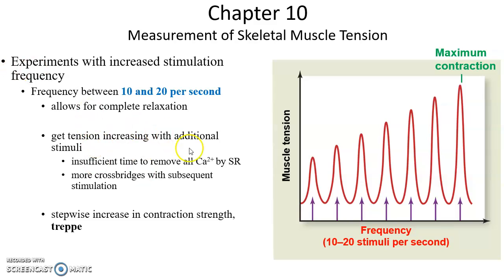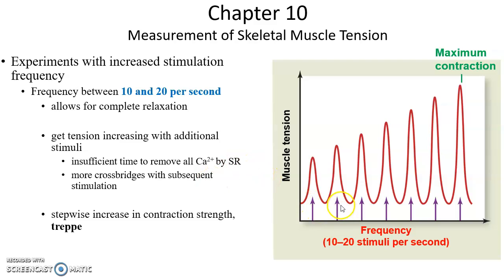Experiments were also done where they changed the frequency of triggering the contraction. They would take like 10 to 20 seconds between voltage shocks to see what happens. They found that when the frequency is between 10 and 20 per second, it allows for complete relaxation of the muscle, but each time they stimulate the muscle with the exact same amount of voltage, the amount of force generated will increase until they reach that maximum contraction.